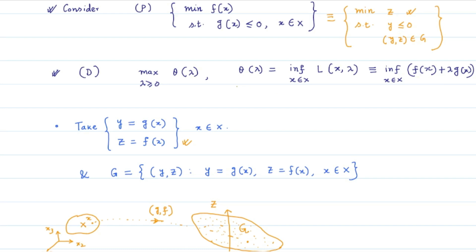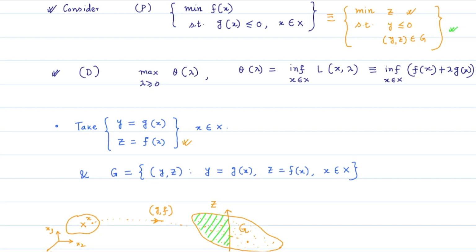That means the feasible region for this primal problem is this part, the left hand side part of this set G. By left hand side I mean the side in which we have y less than or equal to 0. So this green shaded region is the feasible set of this primal problem.